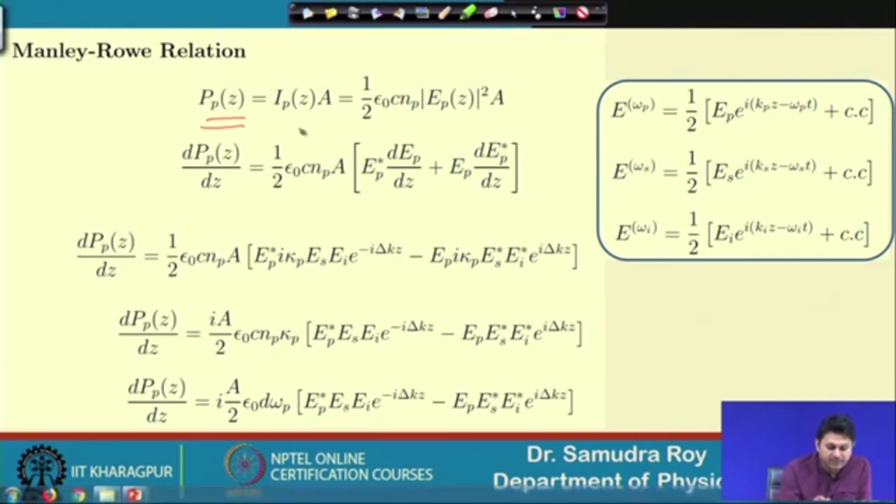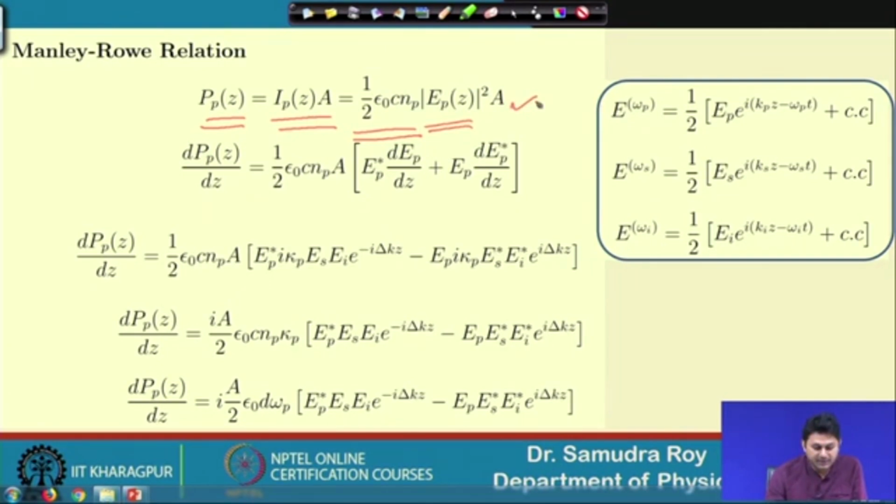The pump power is represented by I_p multiplied by A, the area. We know that the intensity is half epsilon 0 c n_p mod E_p squared, for the pump, multiplied by A.